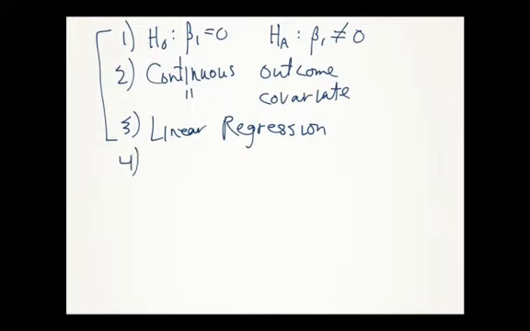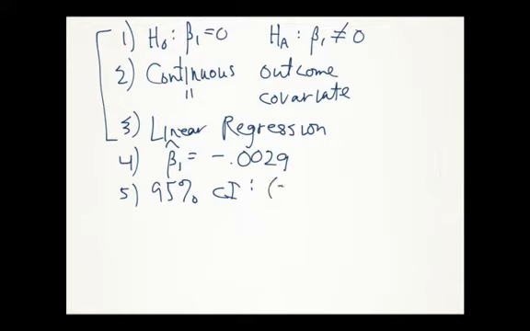Then Stata tells me that the estimated beta 1 hat is equal to negative 0.0029, and that the 95% confidence interval. So here, remember in step 5, we usually look at the p-value, but again, there's this duality between the p-value and the 95% confidence interval.